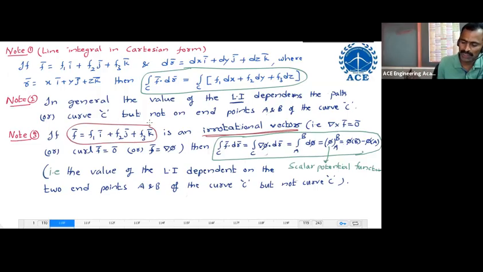Suppose the function is not irrotational, in general the value of the integral depends on the path. But here the function is irrotational, so the value of the line integral does not depend on the path, only on the endpoints. That is why, using the scalar potential function and the limits directly, we get the value of the line integral. That is the advantage.